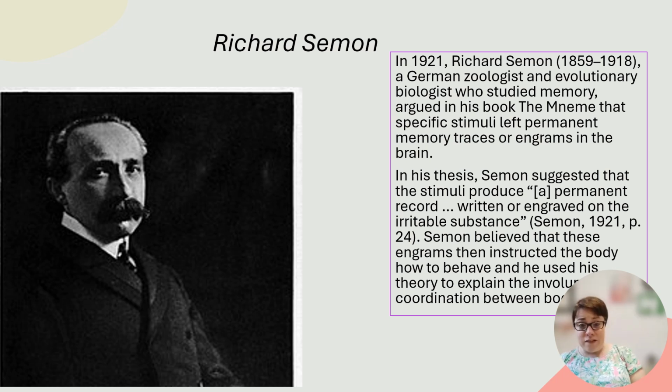In his thesis, Semon suggested that stimuli produce a permanent record, written or engraved on an irritable substance. Semon believed that these engrams then instructed the body how to behave, and he used his theory to explain the involuntary coordination between various parts of the body and the brain.